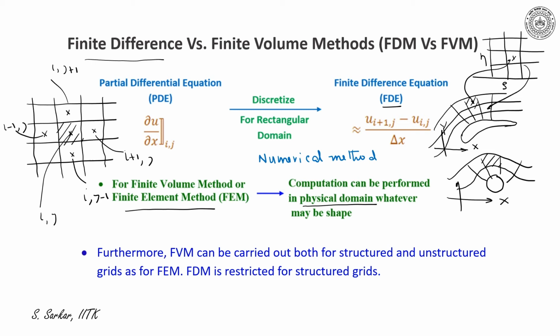And then for a particular cell which has been marked here, which has been hatched here, for this cell, we'll apply the conservation equations to get the flow field. That is, now the integral equation will be discretized and will form a discretized version of the integral equation. And then, with the help of numerics, we'll evaluate the variables in the physical plane only.